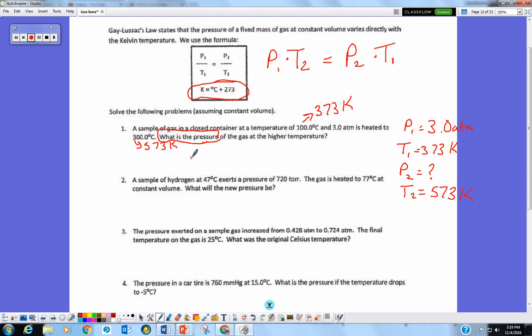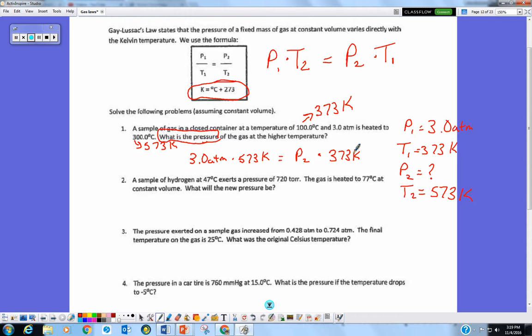So I have 3.0 atm times T2, 573 Kelvin, is equal to P2 times temperature 1, which is 373 Kelvin.